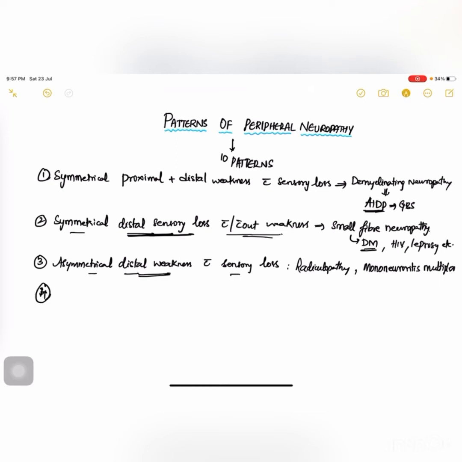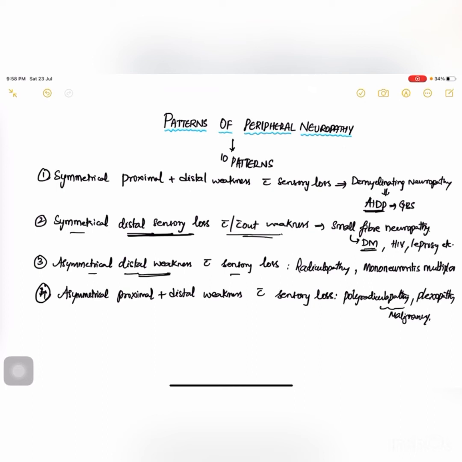And the fourth pattern is asymmetrical proximal plus distal weakness with sensory loss. This is seen in polyradiculopathy and plexopathy, which is mostly due to malignancy.